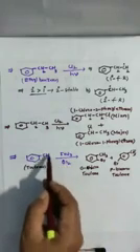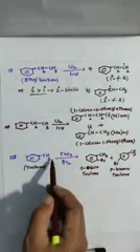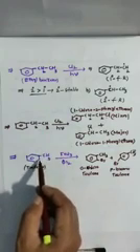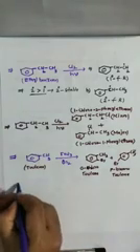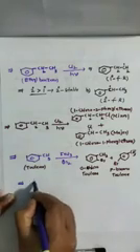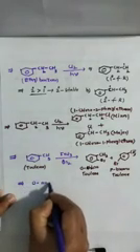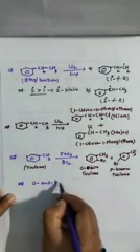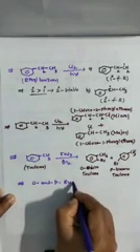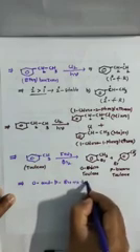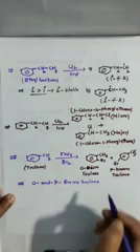Here side chain halogenation will not take place. Benzene ring substitution takes place. So you are getting two products, that is ortho and para bromotoluene. Clear?